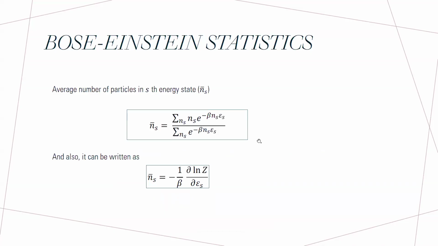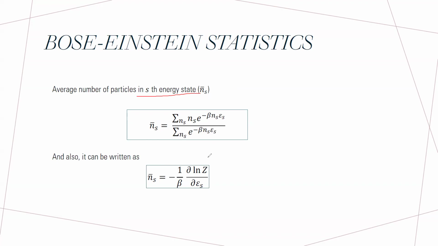Okay, so the average number of particles in an energy state is given by n_s bar. n_s bar is given by the sum of n_s times exponential of minus beta n_s epsilon_s over the sum of exponential of minus beta n_s epsilon_s.